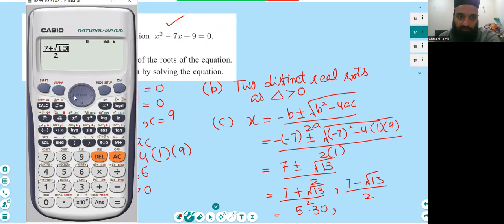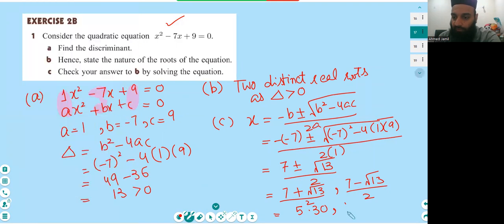The second will be with the negative square root of 13, so we get 1.70 in three significant figures, right? So you can see there are two distinct answers and both are real. So distinct real roots, and we have proved that.